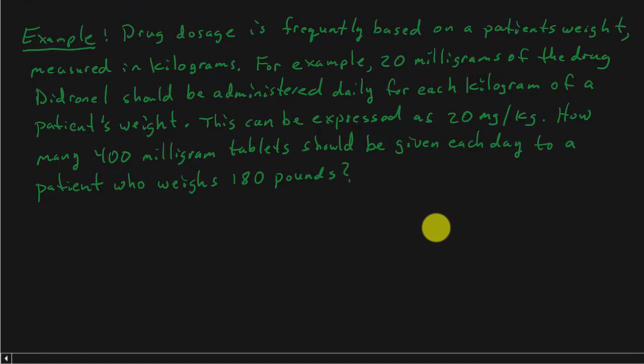All right, how about this one? It says drug dosage is frequently based on a patient's weight measured in kilograms. For example, 20 milligrams of the drug should be administered daily for each kilogram of a patient's weight.